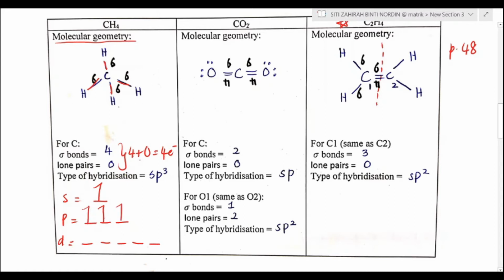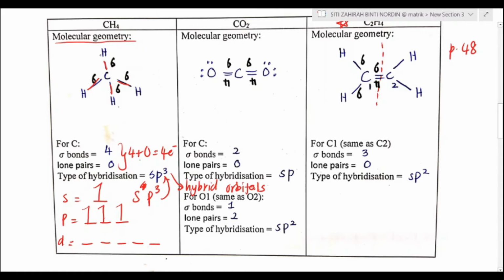So you are filling one s orbital and 3 p orbitals. So you've got s1p3, but you don't have to write the 1. So it would be sp3 hybrid orbitals. Write it down somewhere, below it because I don't have any space left. That's how you determine the type of hybridization.